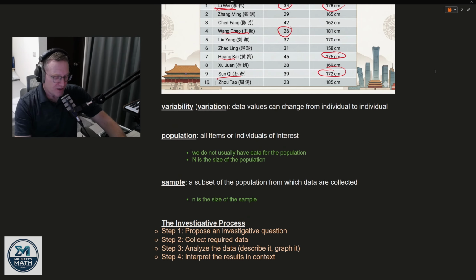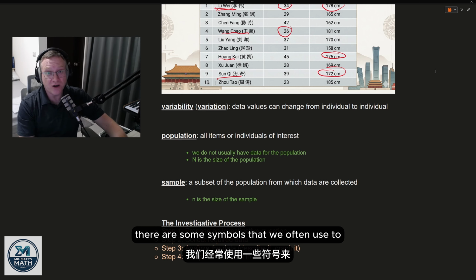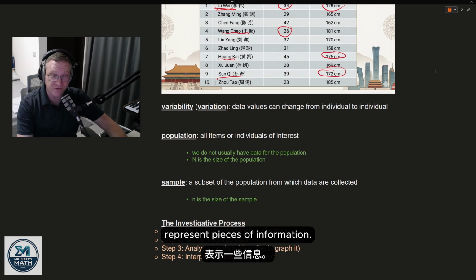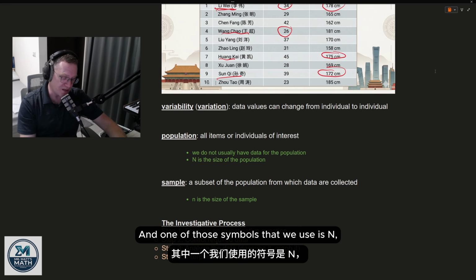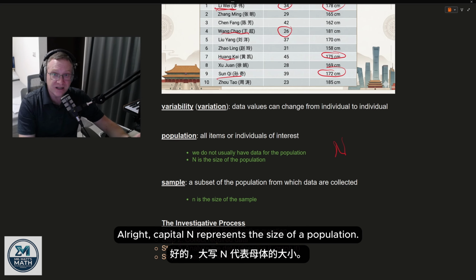Okay. Now, in statistics, there are some symbols that we often use to represent pieces of information. And one of those symbols that we use is N, capital N. All right. Capital N represents the size of a population.